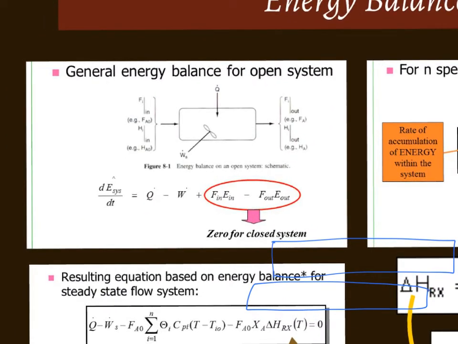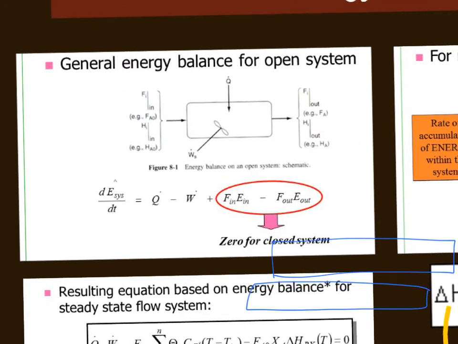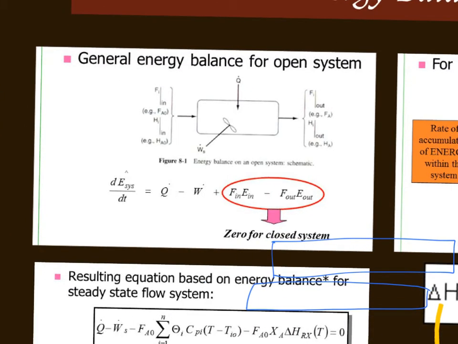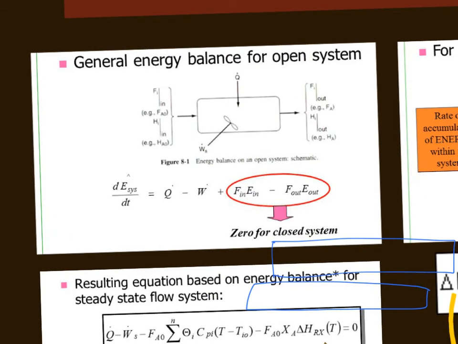Let's go to this part: the general energy balance for an open system. We'll have to revisit our principles of chemical engineering (PCE) subject, mass and energy balance, this part on energy balance.